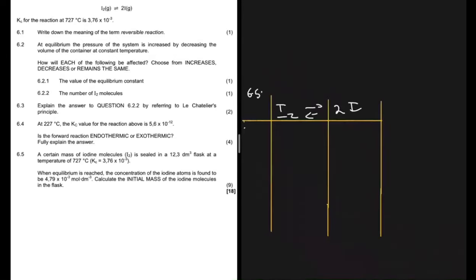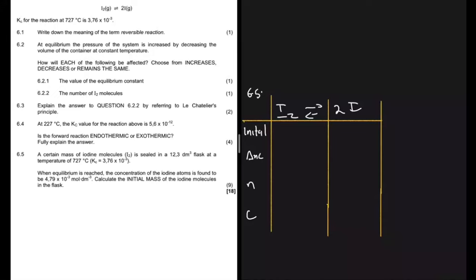So before we go anywhere else, let's have our equation. We have I2 giving us and getting back from 2I, right? So if we draw our table, we're going to have the number of moles initial, the change in the number of moles, the number of moles at equilibrium, and the concentration.